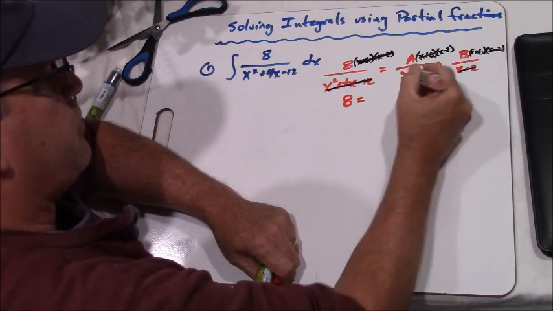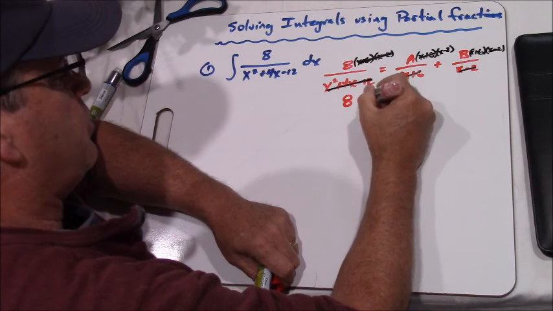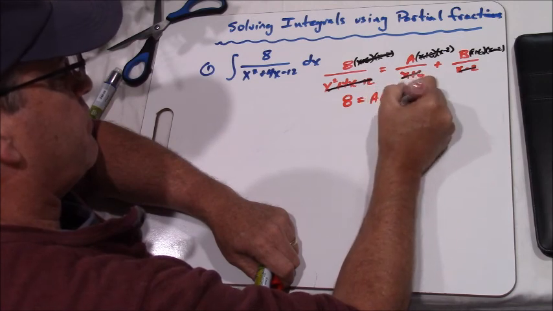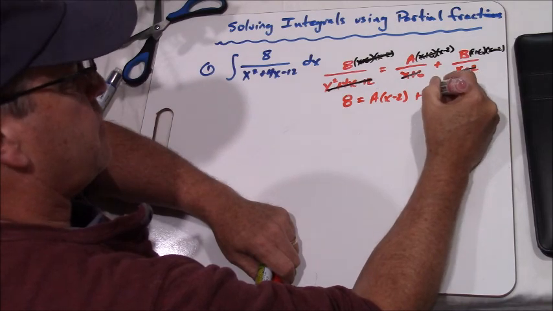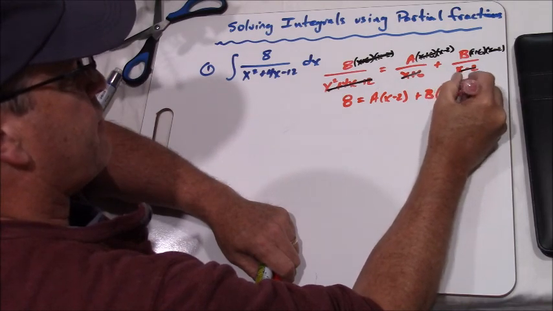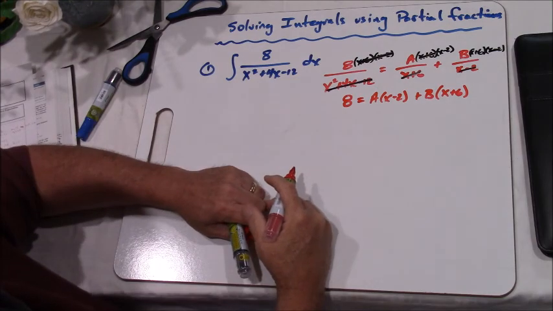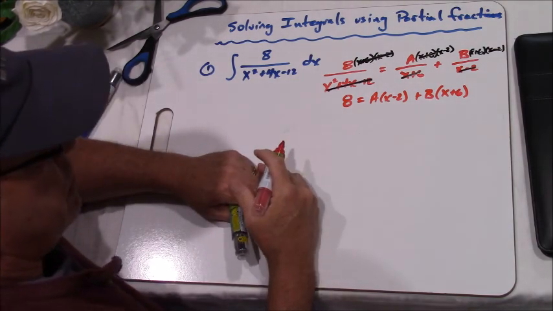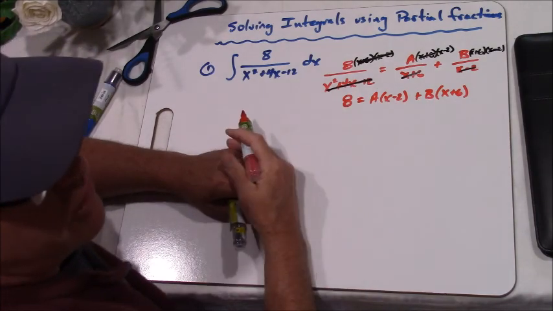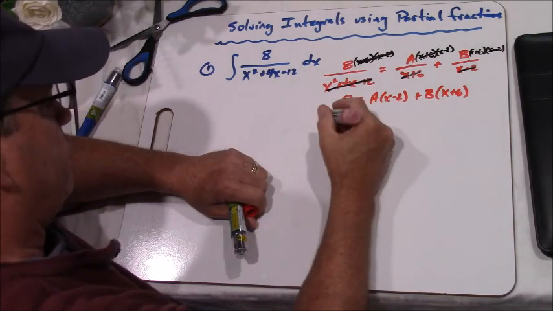8 equals A times x minus 2 plus B times x plus 6. And so then what we do to solve this is we just go ahead and say, let's just let x equal some number.